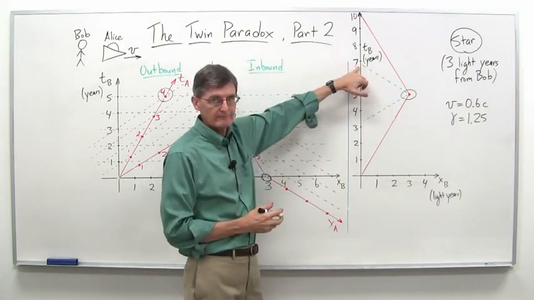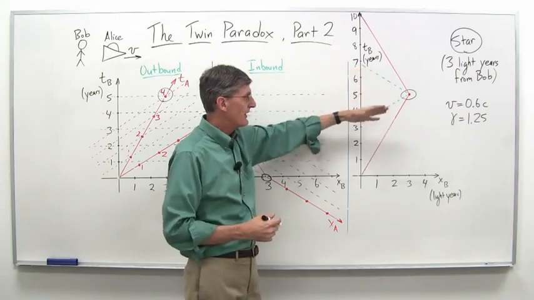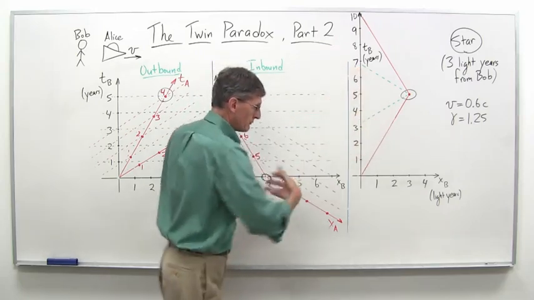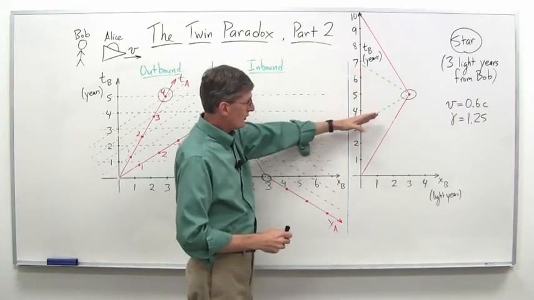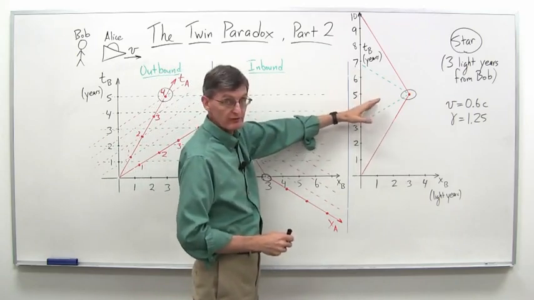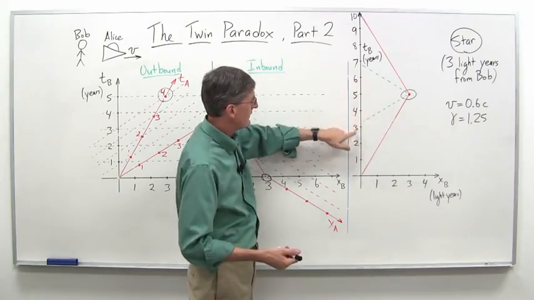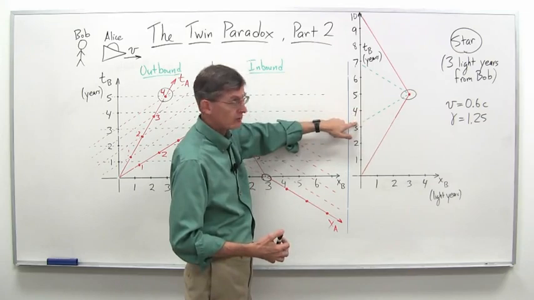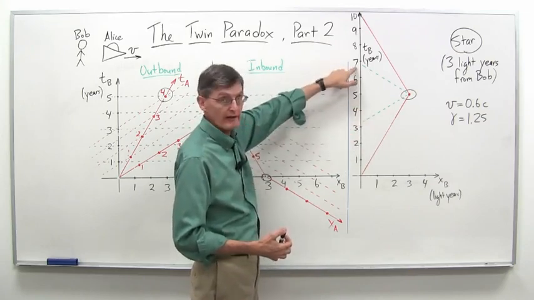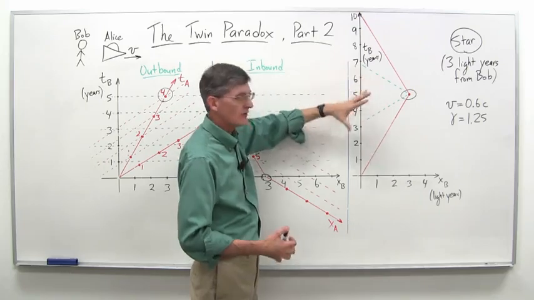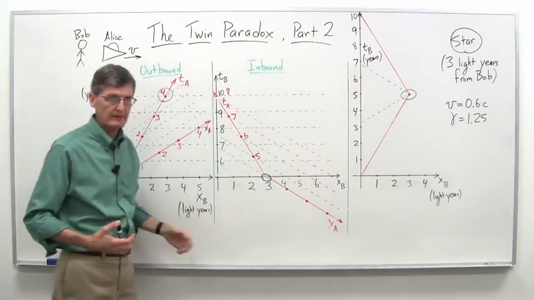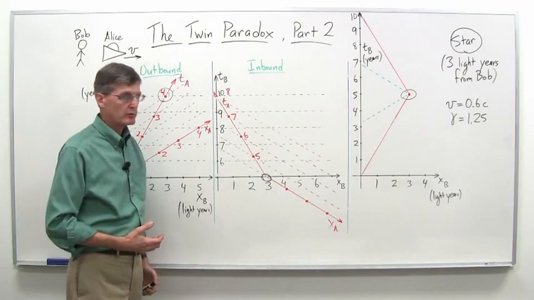It's up at 6.8, actually. So in that turning around procedure, as far as she's concerned, if she's observing Bob's clocks during that time, his clocks speed up from 3.2 to 6.8. And that's where the lost time, as it were, comes in. It's during that turning around process.